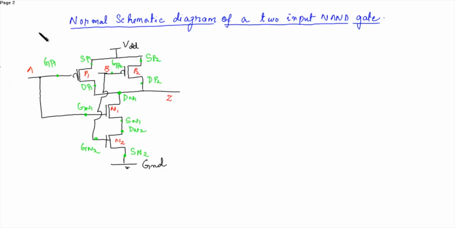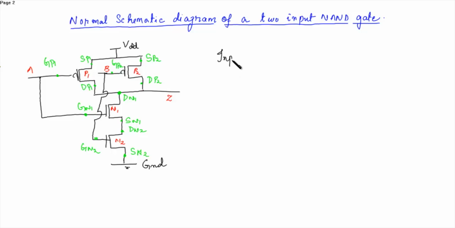Now, how will you test the schematic diagram of a 2-input NAND gate? The input is given at the gates, output is obtained at the drain.